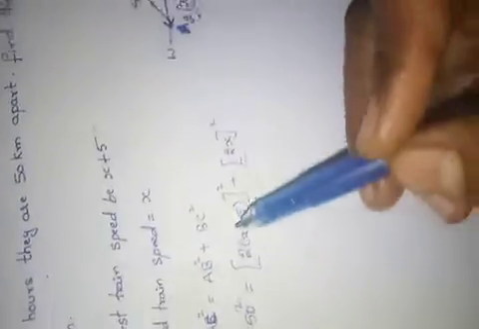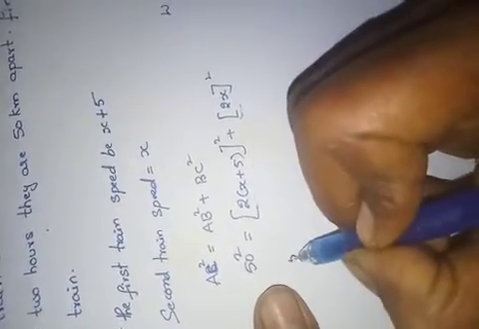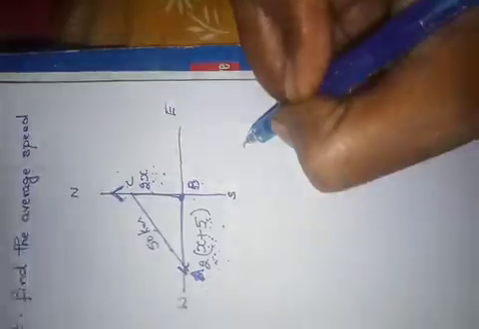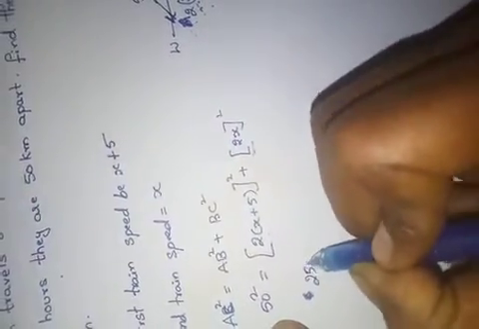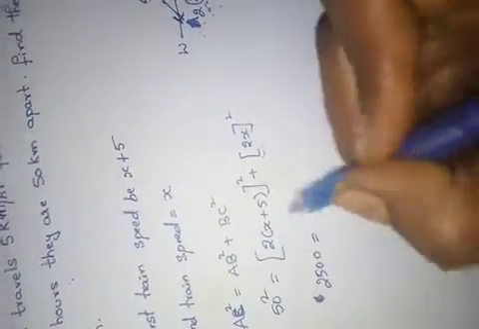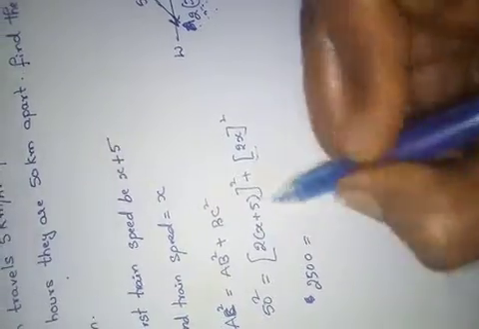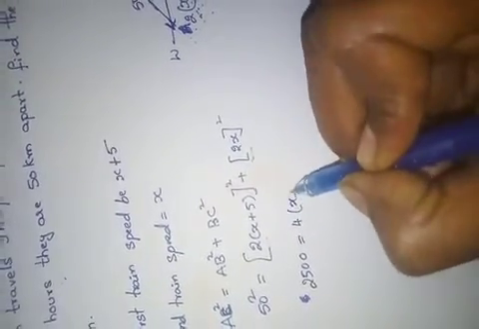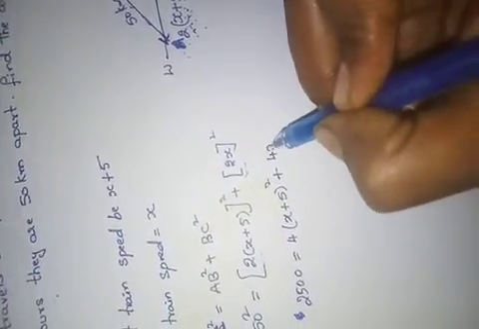See here, we know that AC square equals AB square plus BC square. From that, solve this. 2 square, 50 square. 5 5s are 25, no? 2500 equals, solve this, 2 square, 4 into x plus 5 whole square, plus 2 2s are 4x square.